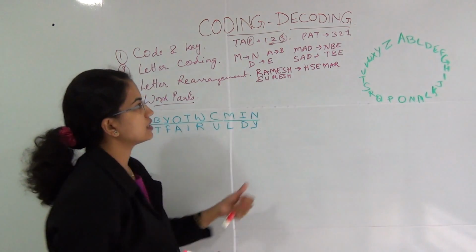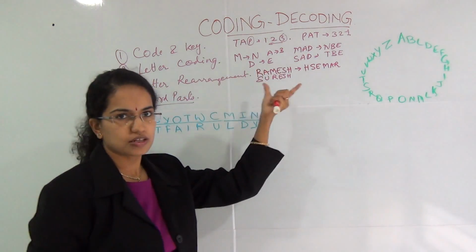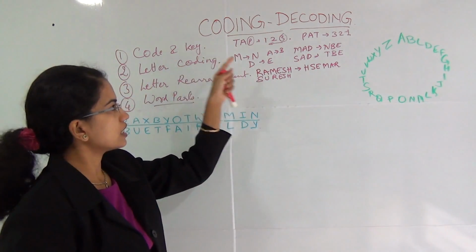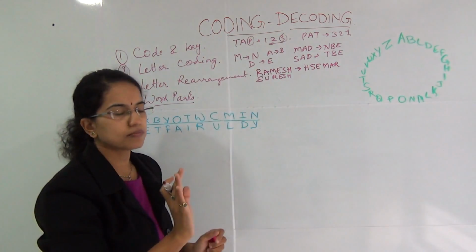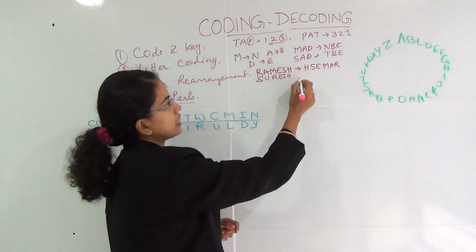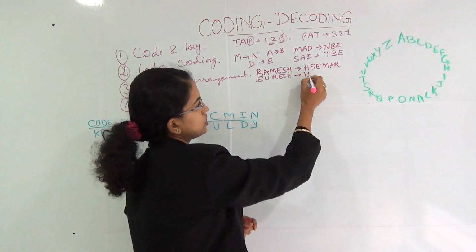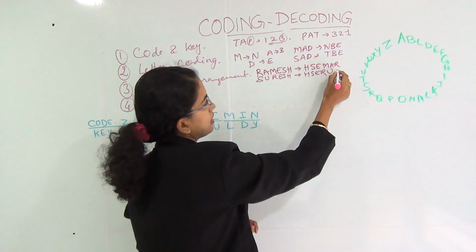I am inversing the order in which I am writing. I have the same set of letters only. I am not using any other codes for the language, not using a code and key for them. I am simply rearranging them. So Suresh in any language would become H, then S, E, R, then U and S.